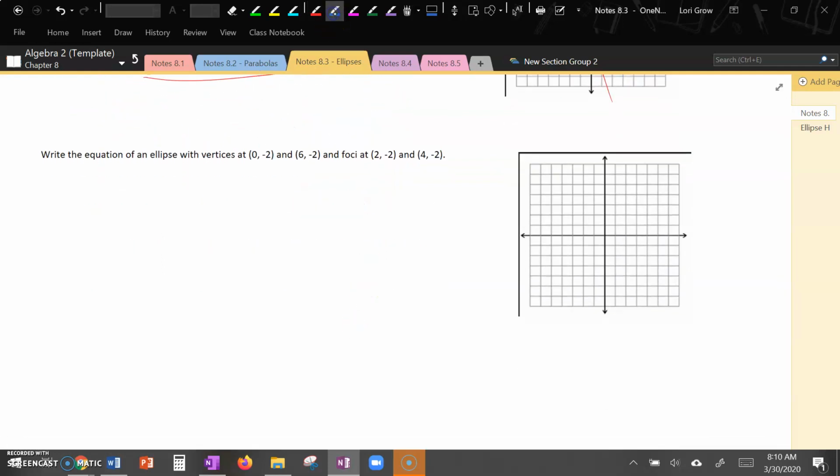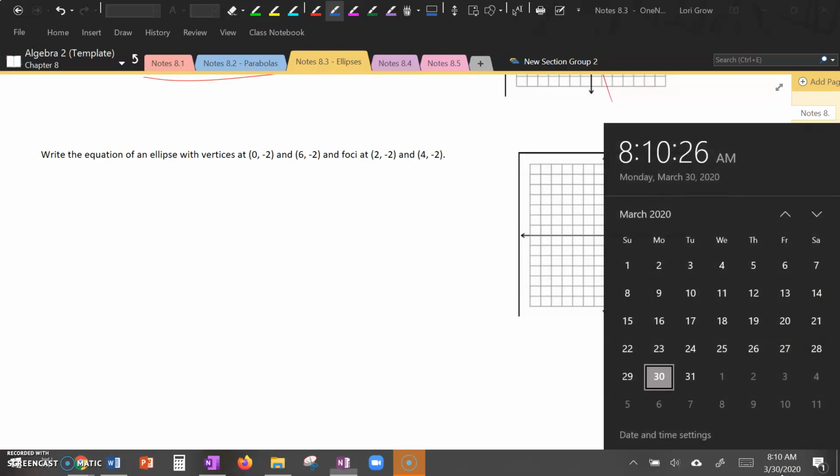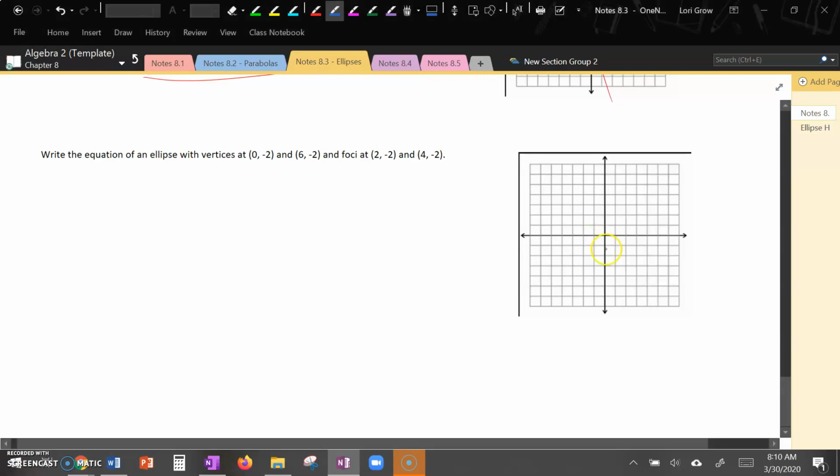And finally, the third problem here, we have an ellipse with vertices at 0, -2, and 6, -2.